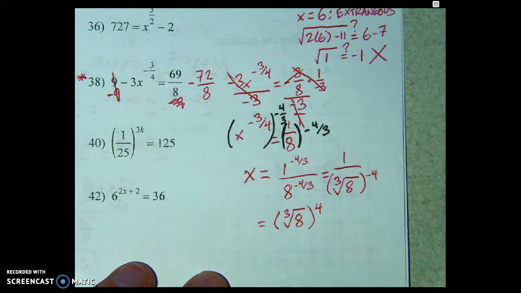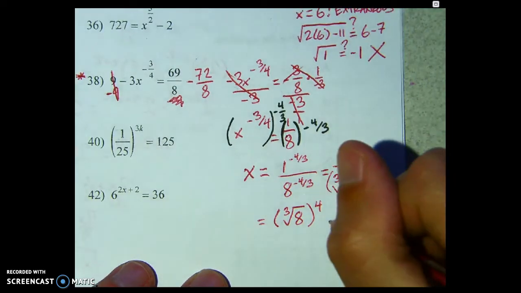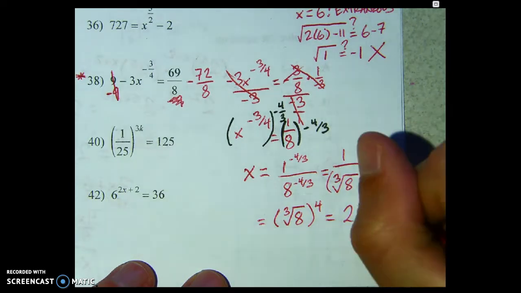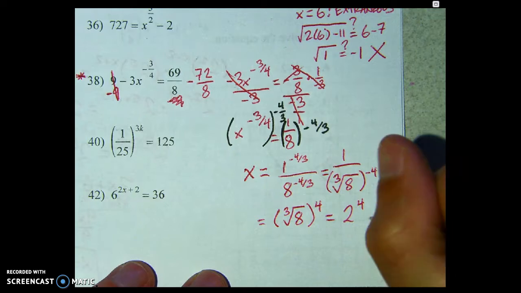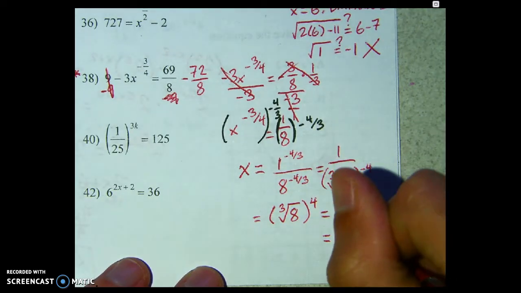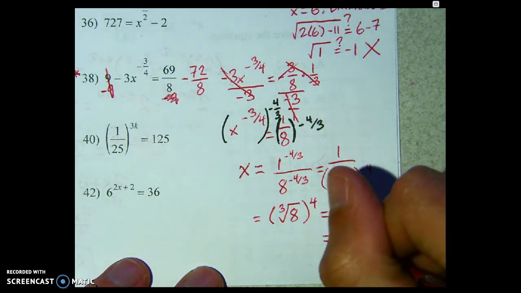Okay? Because that negative exponent is in the denominator, it becomes the numerator of this fraction and a positive exponent, right? So what is the cube root of 8? Well, the cube root of 8 is just 2. So we take 2, raise it to the power of 4, and thank goodness we're done. 2 to the 4th is just 16.